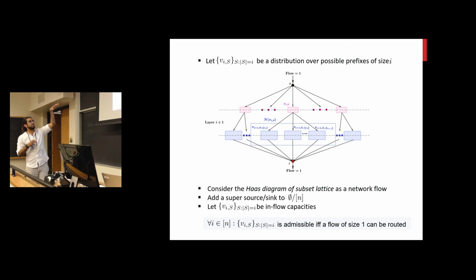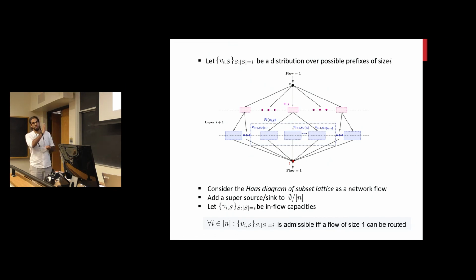Given these collections, let the inflow capacity of each node be equal to the corresponding probability. Then I claim that if you can route 1 unit of flow from the super source to the super sink, then there exists a randomized permutation that can induce this collection of distributions. And now we can start writing the max-flow min-cut conditions, which give you the doubly exponentially many linear constraints that essentially characterize the set of admissible policies.